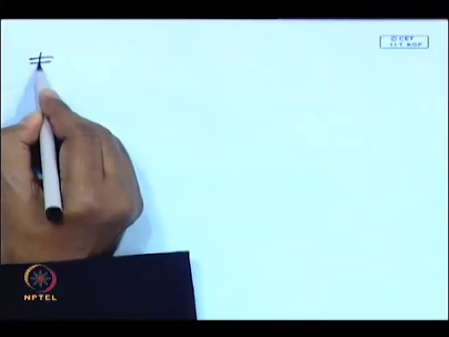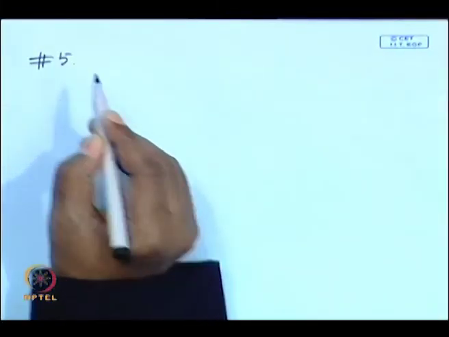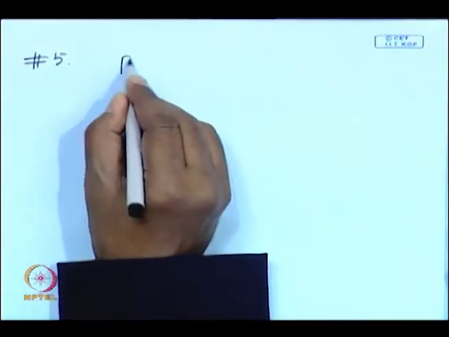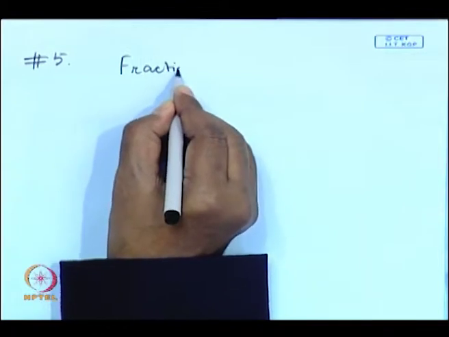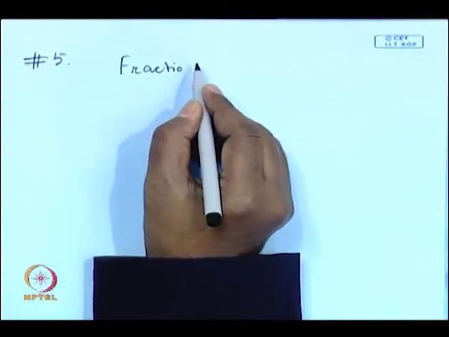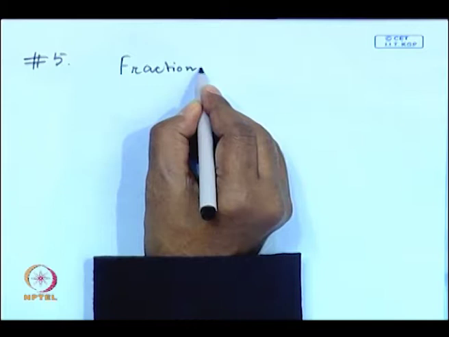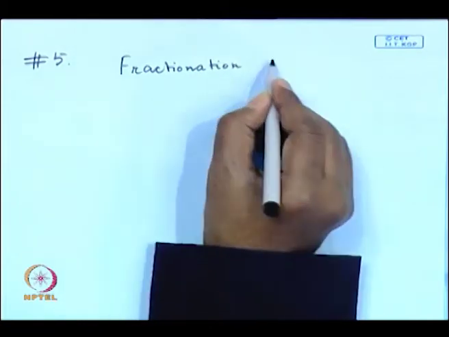The next problem that we are going to solve is a problem of a mixture of two solutes. It is basically a fractionation problem. Till now we have talked about a separation and concentration problem. Now we are talking about a fractionation problem.